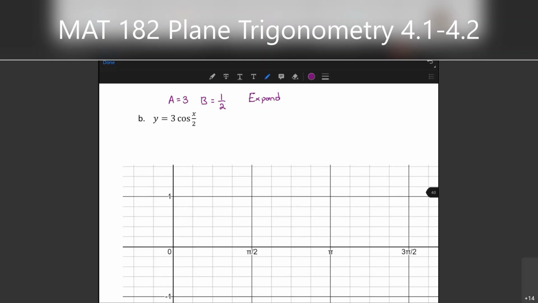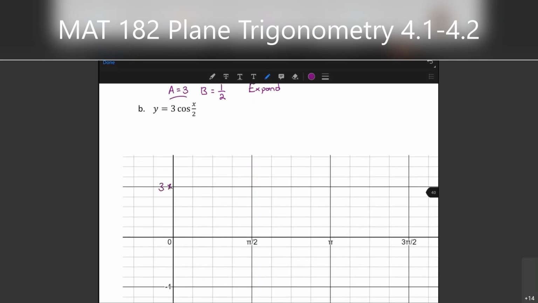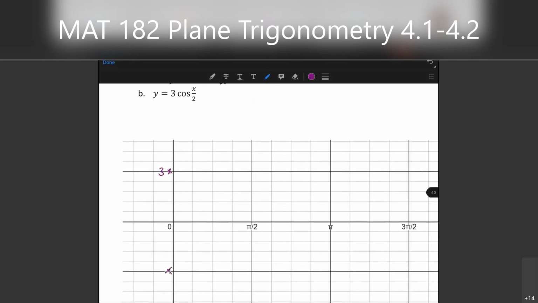So let's consider how that expansion is going to work. The first thing I could take into account is the a value being 3. So the amplitude here would be 3, and we'd have a negative 3 on the bottom when we go to graph this.